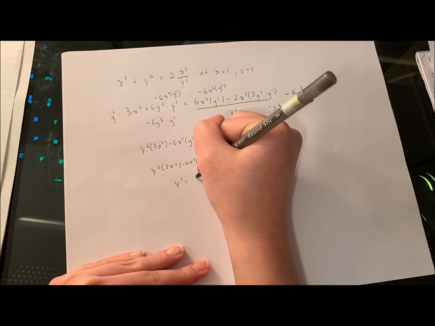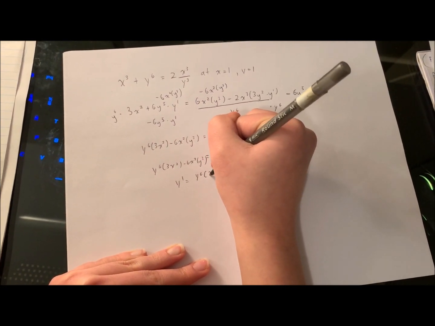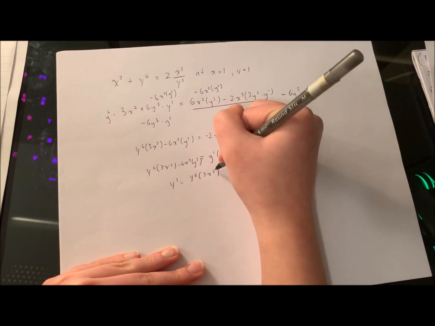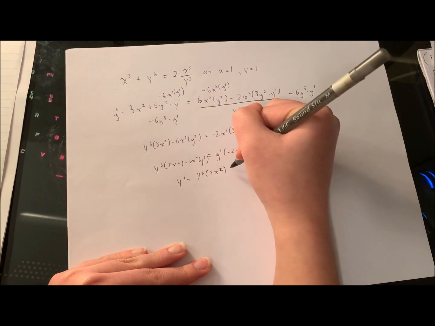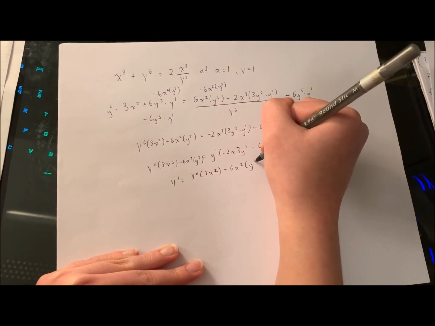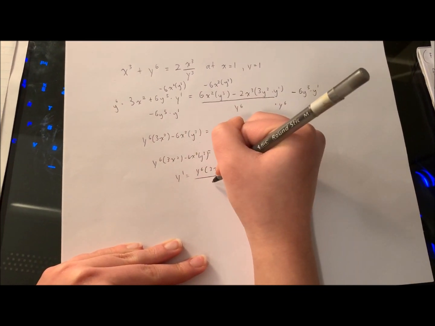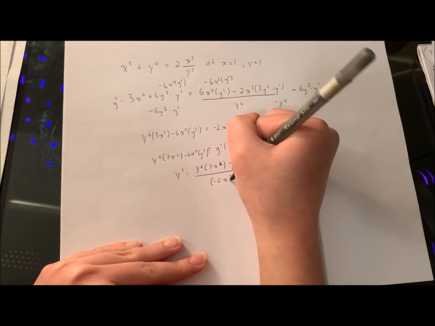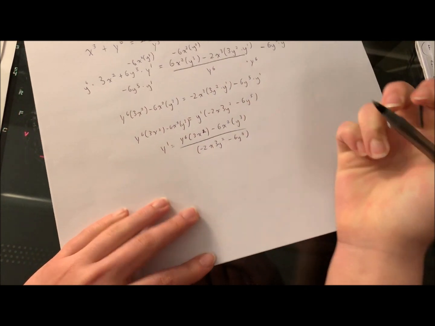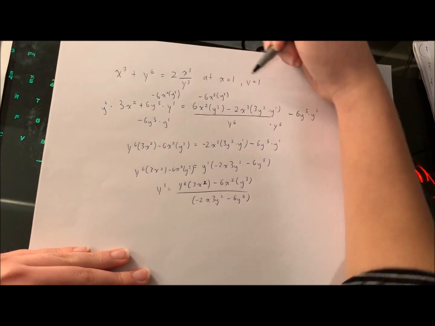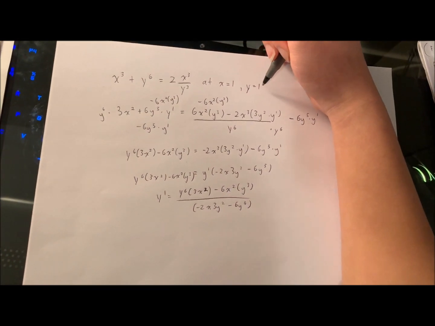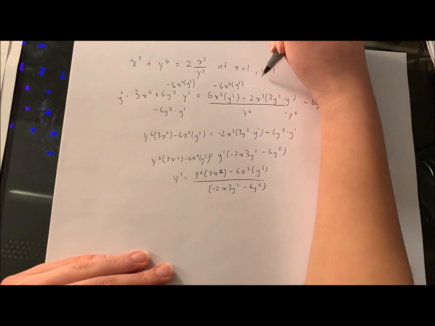And we get, fix that to a 2. And then now we know from here that x equals 1 and y equals 1. Since y equals 1, we replace all the y's with 1.